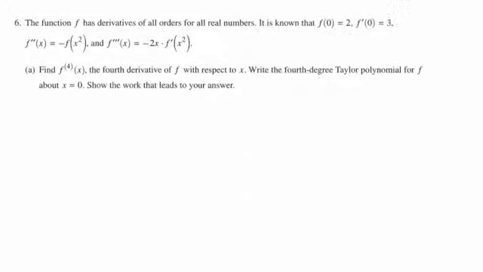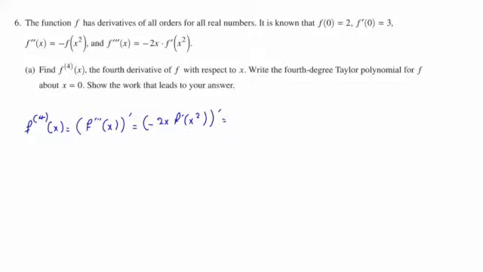Okay, when we want to calculate the fourth derivative, we take the derivative of the third derivative here. So it will be negative 2x f prime of x squared, prime. Now we use product rule and chain rule.